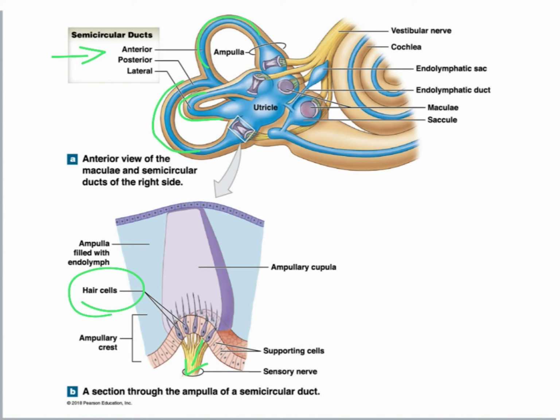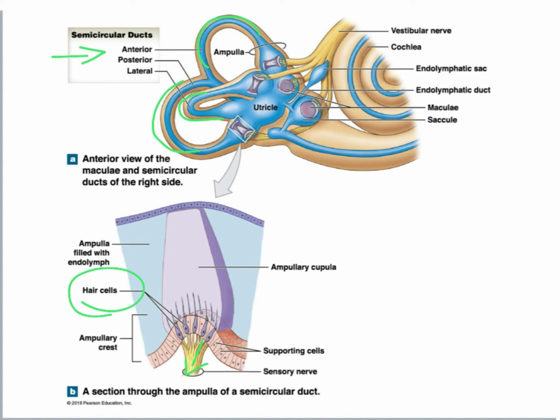Now, another interesting thing is that if I'm spinning you, and then I stop very quickly, you will still feel like you're spinning. And the reason for that is because the endolymph inside the semicircular ducts continues moving. And we just feel like we stop moving when the endolymph stops flowing.